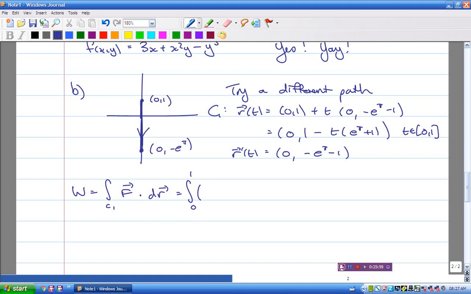So it's 3 plus, well, x is just 0, isn't it? So I know that's just going to be 0. And then 0 squared is also going to be 0, minus 3y squared. Okay, y is a little bit complicated, but not a lot. And we're going to dot that with r dash. And we can even fit it on one line.